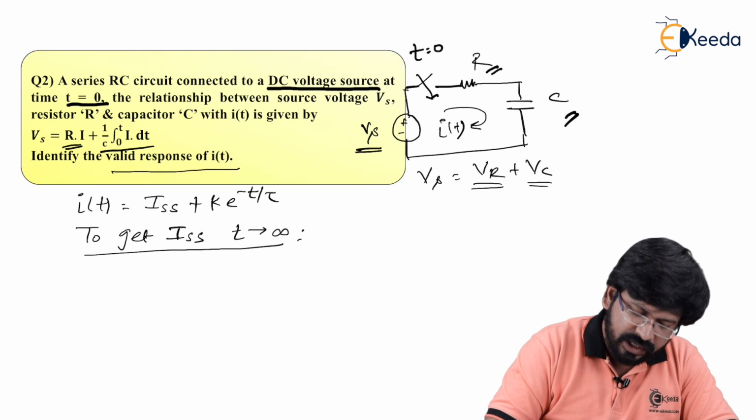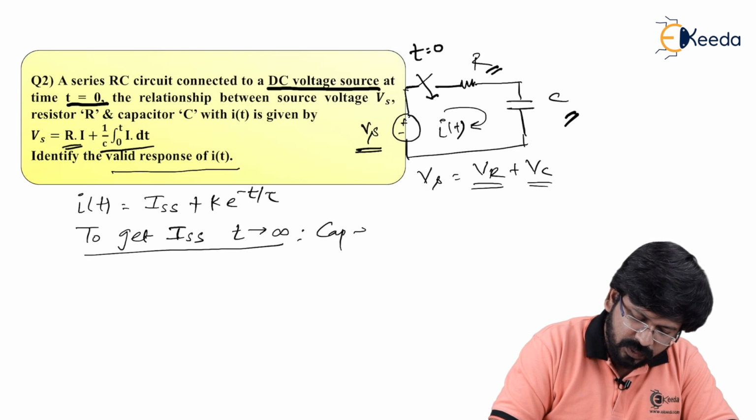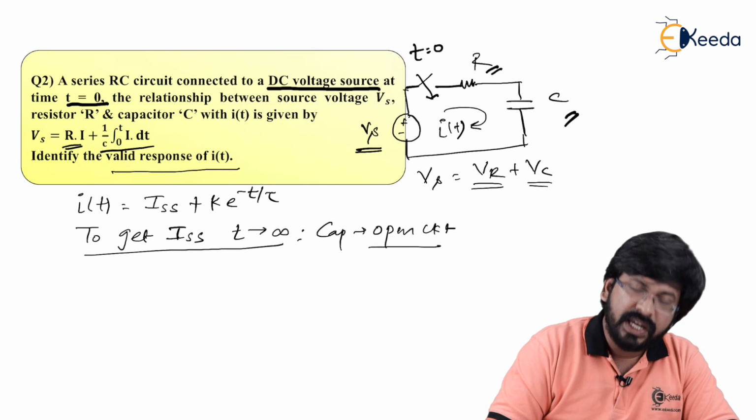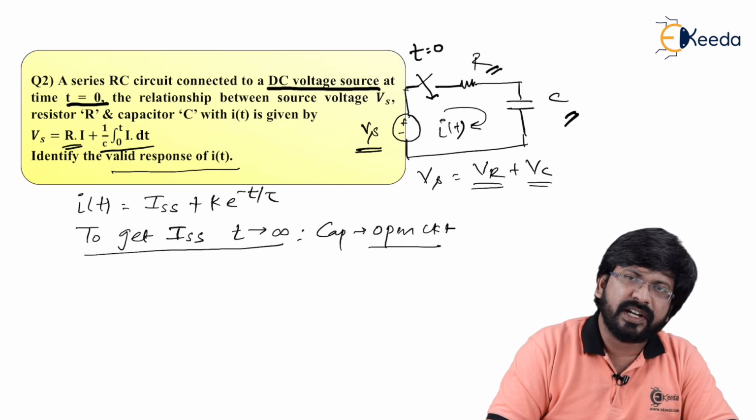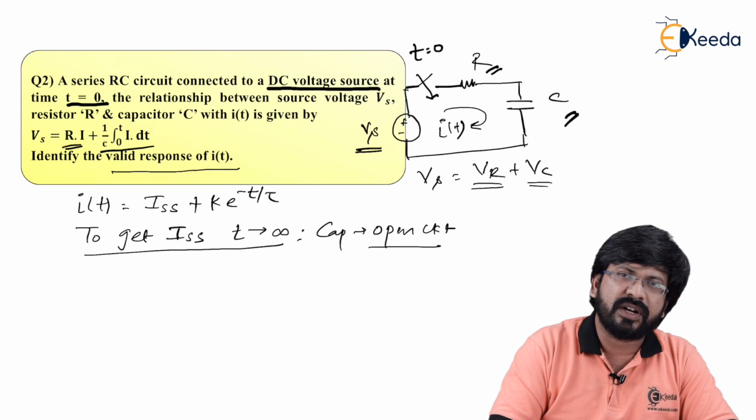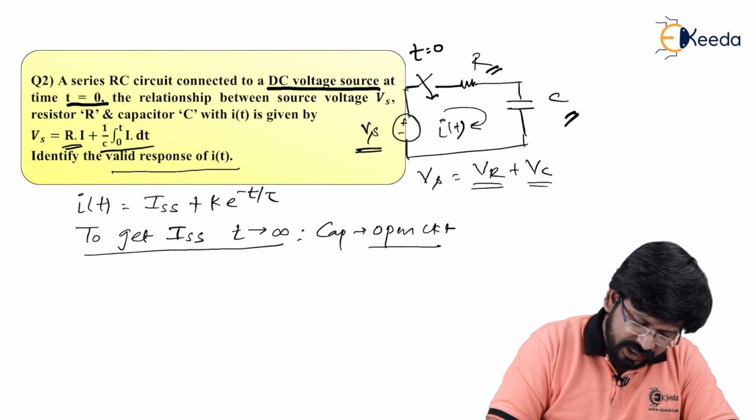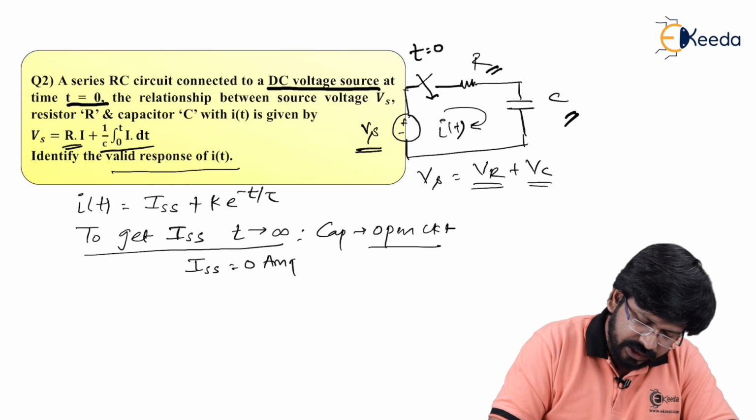At t tends to infinity, capacitor will act as what? It will act as open circuit. If the capacitor is acting as open circuit, the overall circuit is open circuit, and what current will flow through the circuit? Of course, 0. So can't I say ISS is straight away 0 ampere because of the open circuit?